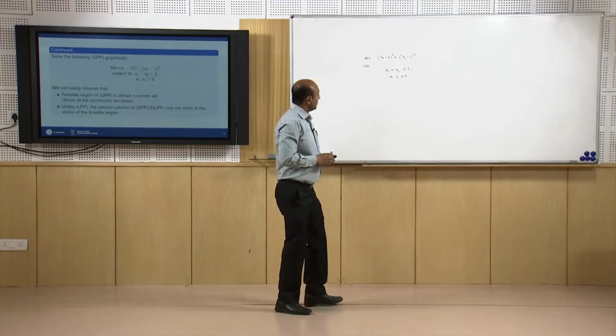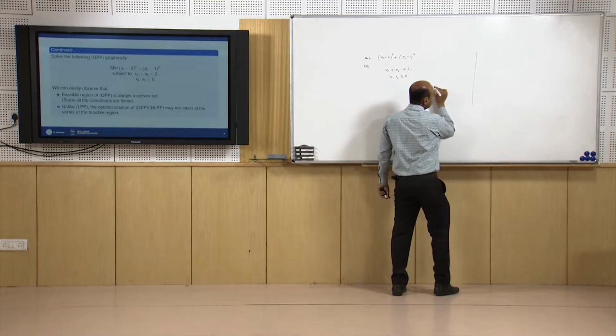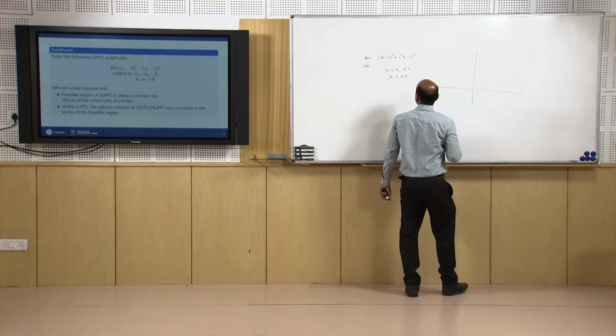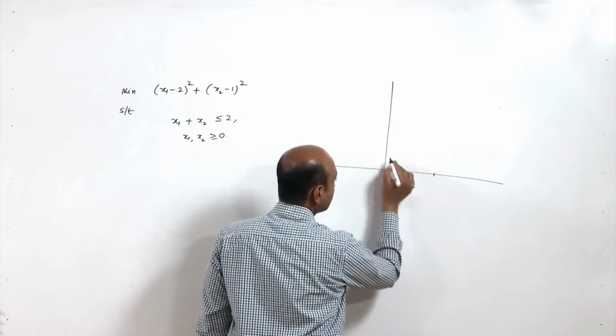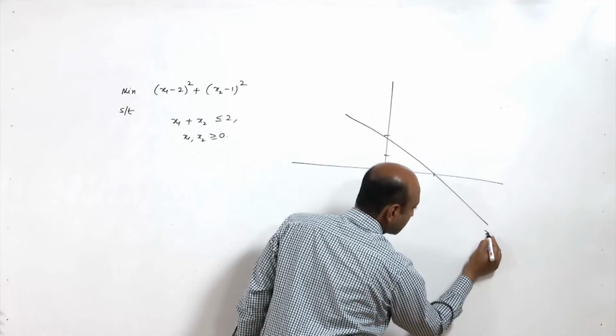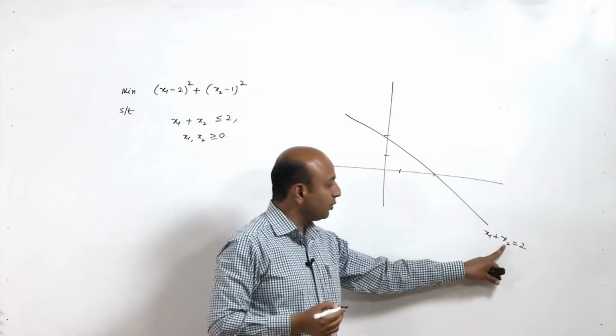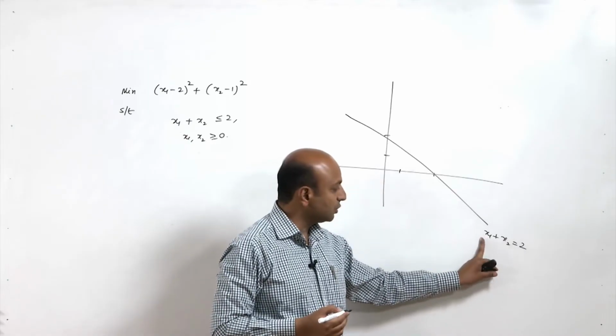Now, how can we solve it graphically? Let us see. What is the feasible region? The line is x1 plus x2 equal to 2, because when x2 is 0, x1 is 2, and when x1 is 0, x2 is 2.